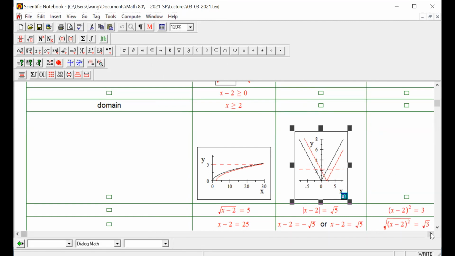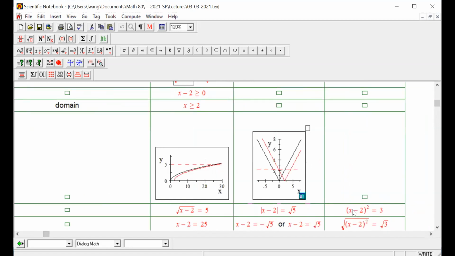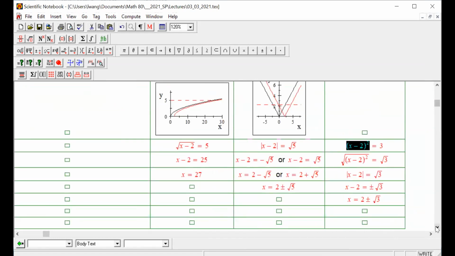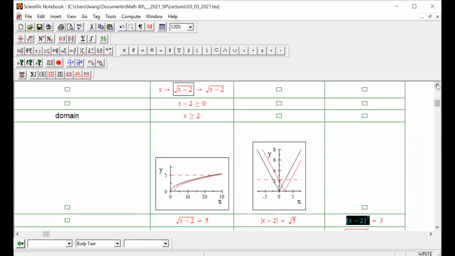Okay, and let's look at the absolute value of x minus 2. What is this rule? This rule certainly has changed as well. So there's a rule change. The function's rule changed, and it's the absolute value of x minus 2.